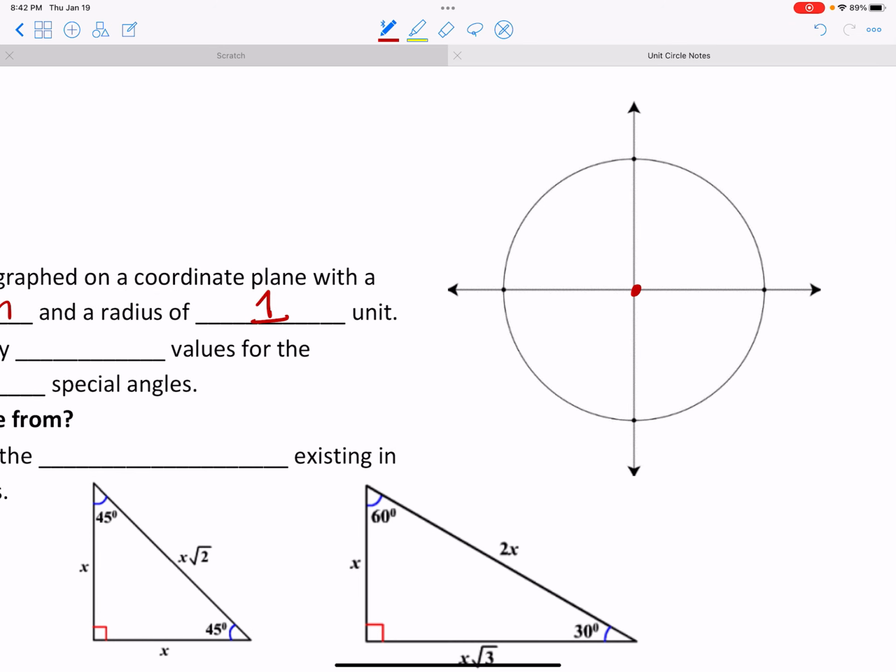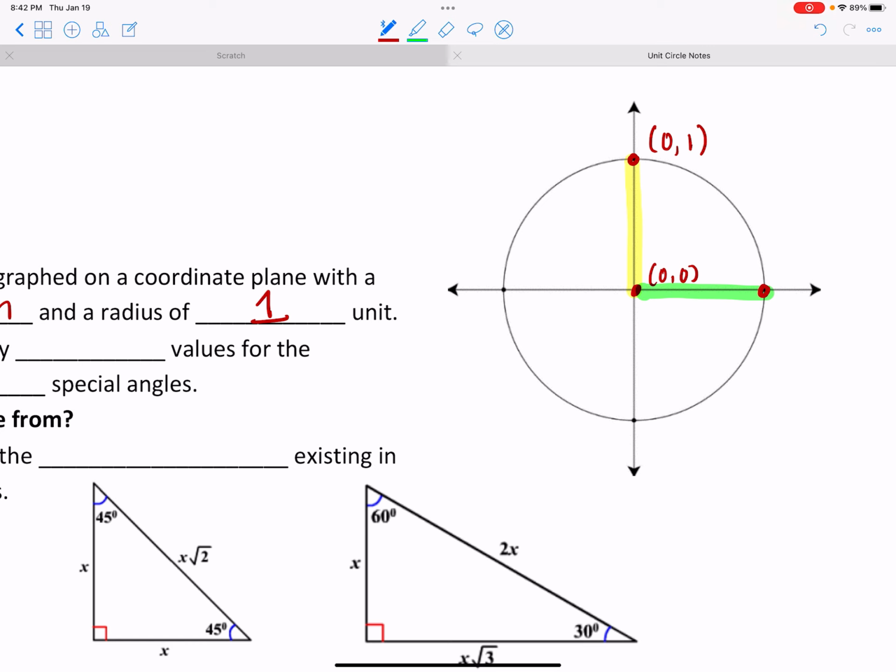Again, here's our origin, the center of our circle at 0, 0. And if our radius length is 1, then the coordinates at this point here would be 0, 1. Not moving along the x, just going along the y. Or let's say the coordinates at this endpoint here.